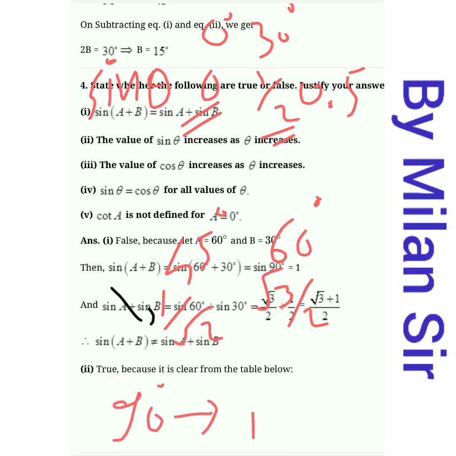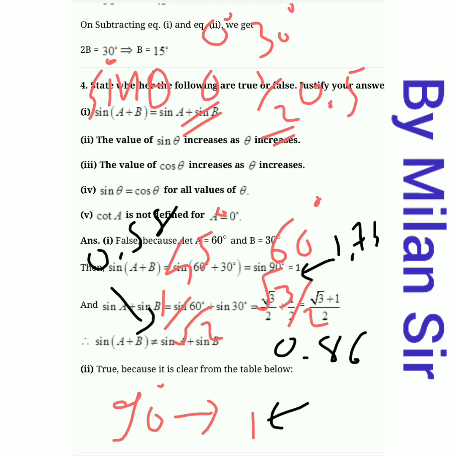Then 1 upon root 2 is equal to 0.58, because root 2 is 1.41, and if you divide 1 by 1.41 you get 0.58. Then root 3 by 2: the value of root 3 is 1.732, divided by 2, so we get about 0.86, and finally 1.